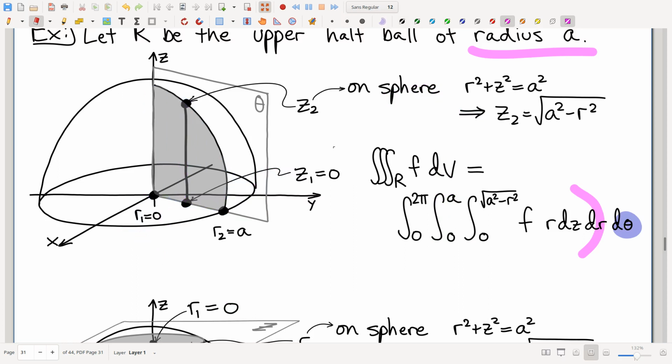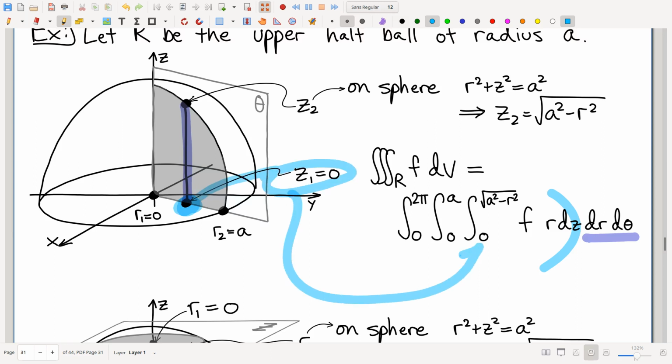Okay, and now, as per usual, with both r and theta fixed, thus looking only at my r slice of my theta slice, we now proceed to the next most inside bounds. That's z, and of course z starts here, and pretty easy to see that's where z is equal to 0. And then z is going to end here.